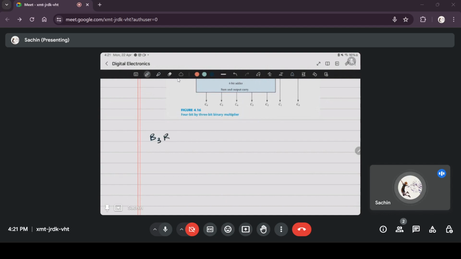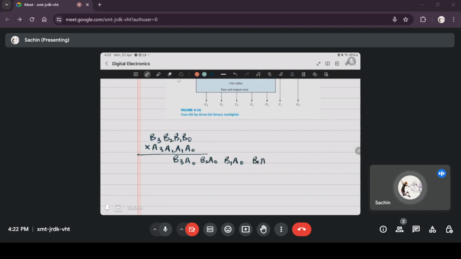You have B3, B2, B1, B0 and you multiply that with A3, A2, A1, A0. How do I do that? What you do is you multiply B3 B2 B1 B0 by A0. So you get B3 A0, B2 A0, B1 A0, B0 A0.